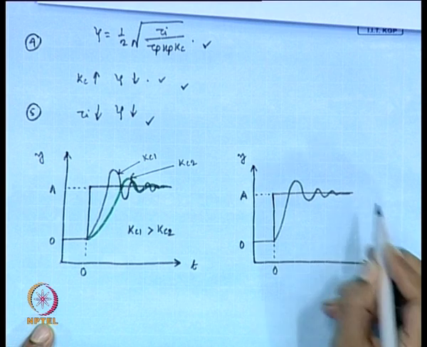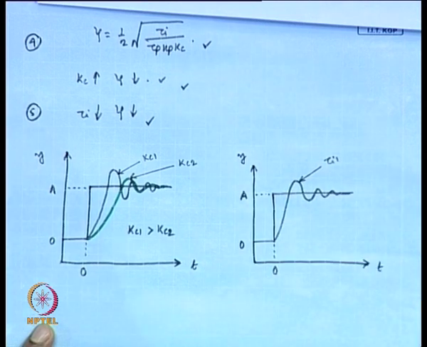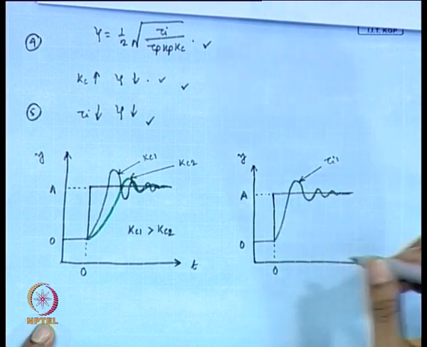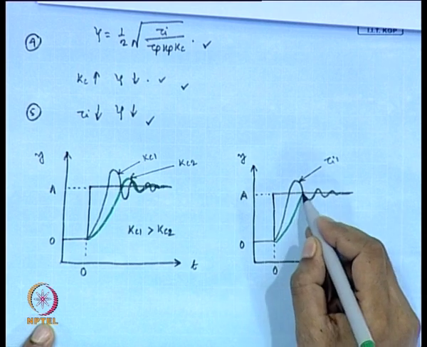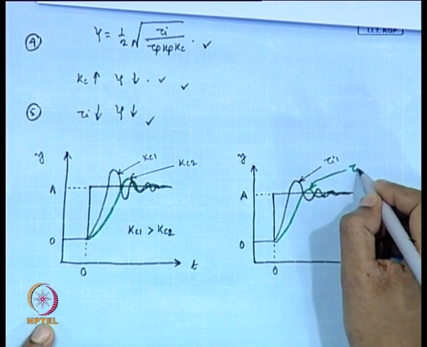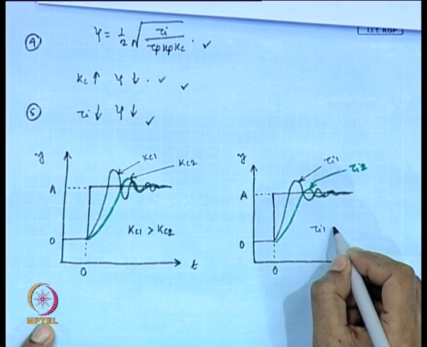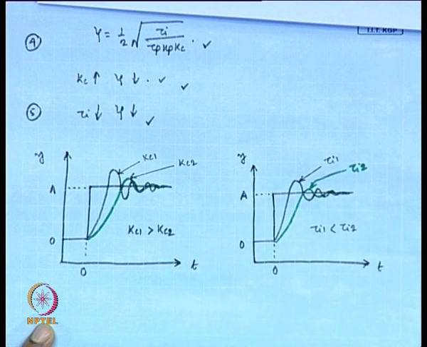Now, this is the closed loop response for a particular tau I value, suppose that is tau I1. Another response we obtain for tau I2. Which one is larger among these two? Tau I2. That means tau I1 is less than tau I2. Fine. With the decrease of tau I, zeta decreases. That means more oscillatory response.